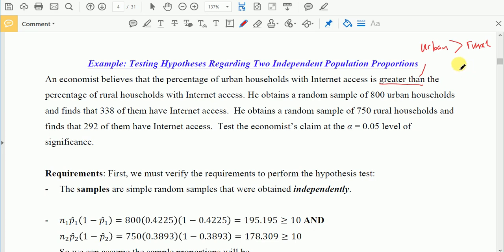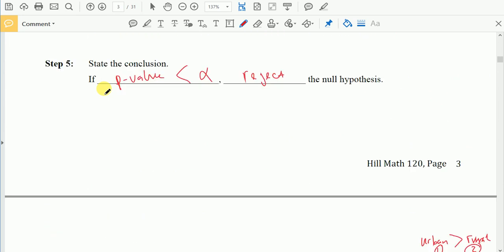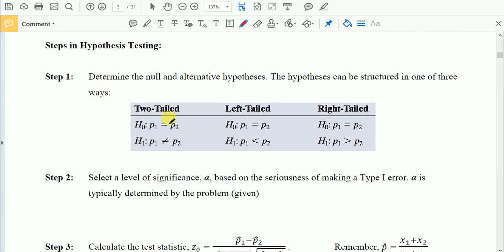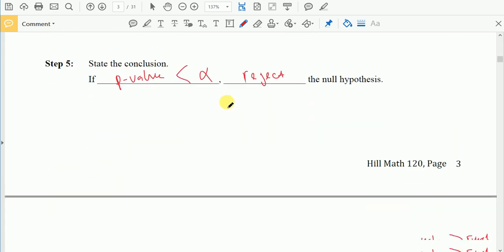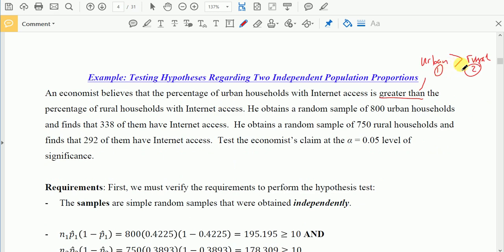We can call this the first one, this the second one, just to label them. I call the urban 1, the rural 2. So they believe, that means they claim. So this is the alternative hypothesis, the claim, versus the null hypothesis, which is originally that they should be equal. Now they claim that the first one is bigger than the second one. So this is the right tail.